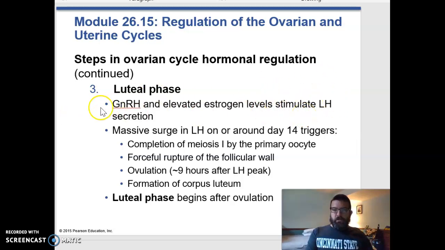Now, GnRH has already caused you to make LH. But LH is going to be released in a surge at about day 14 of this cycle, and luteinizing hormone stimulates ovulation. So the egg is actually going to rupture out of the ovary, and what's left of the follicle is going to become something called the corpus luteum, and that's why it's called the luteal phase.